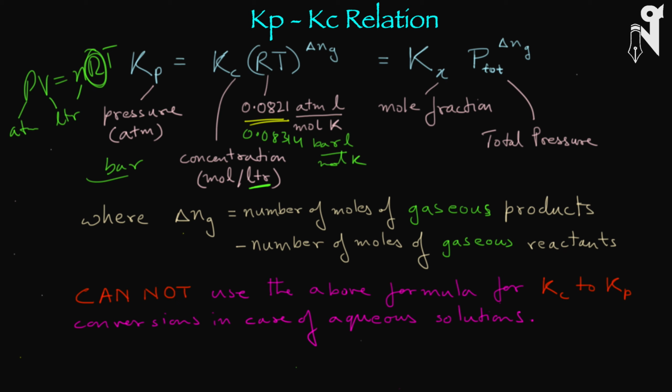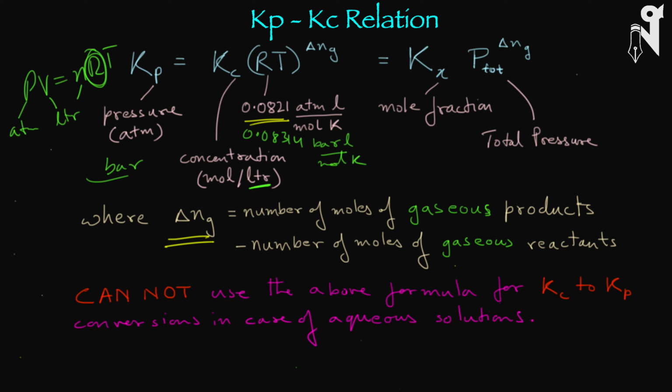Your delta Ng was the number of moles of gaseous products, you will not include liquids and solids, minus the number of moles of gaseous reactants in your balanced chemical reaction, and that balanced reaction can have integral as well as non-integral values. It has to be the balanced reaction, and your K has to be reported for that given reaction.